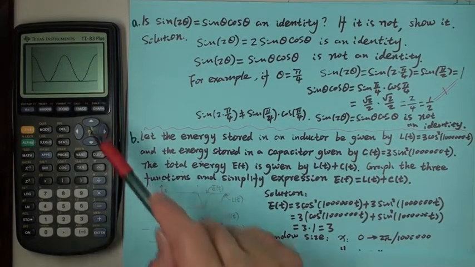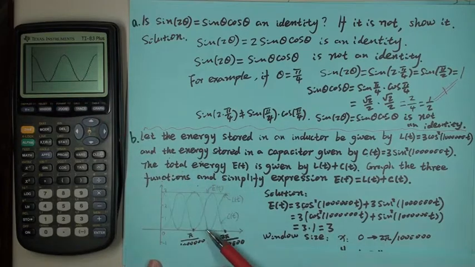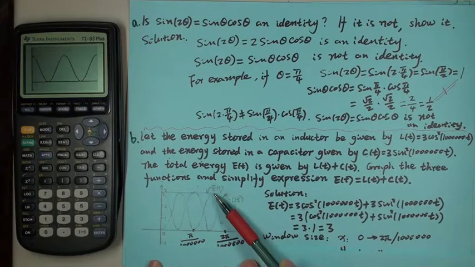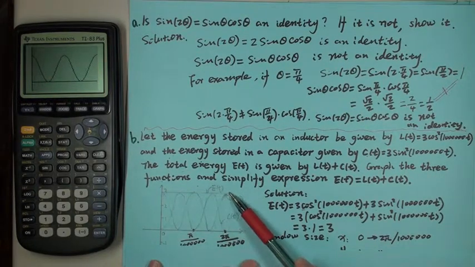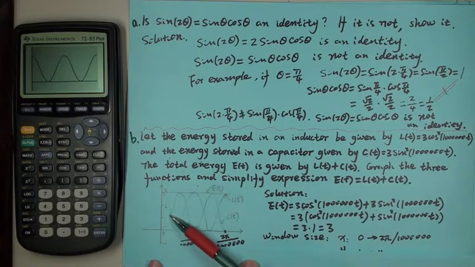On my graph right here is this branch. So I wrote L of t, and E of t is this horizontal line. C of t is actually like this. You can graph it.